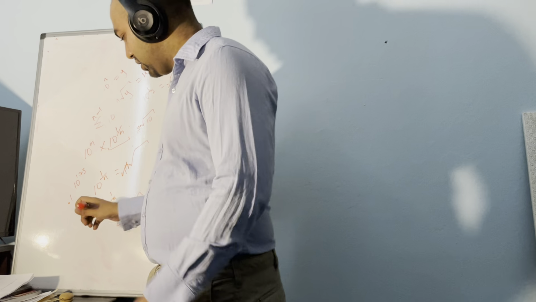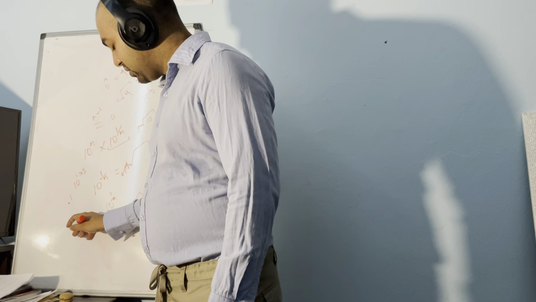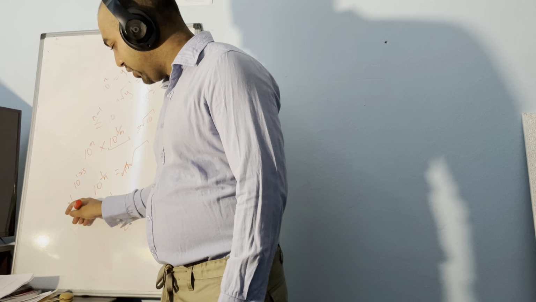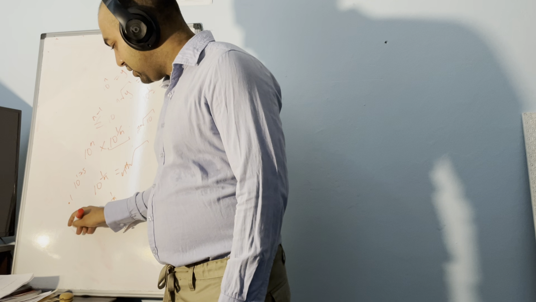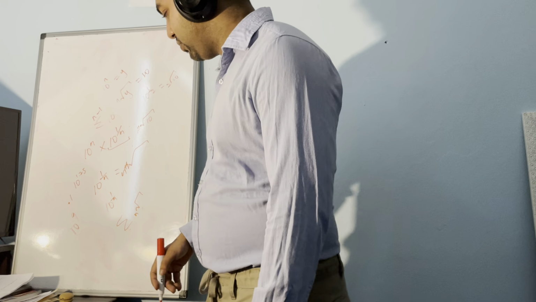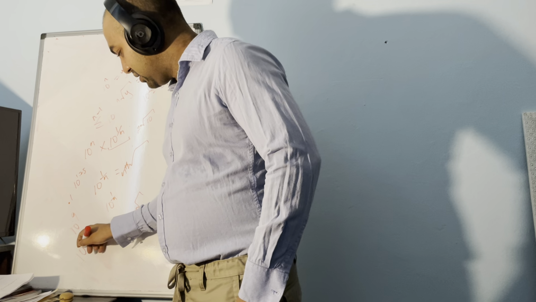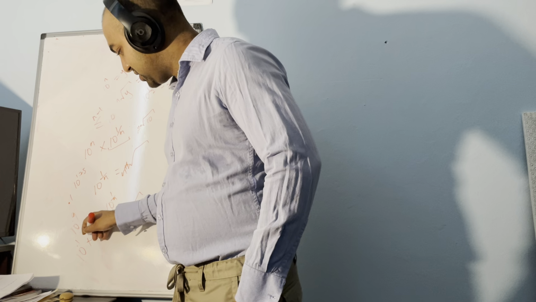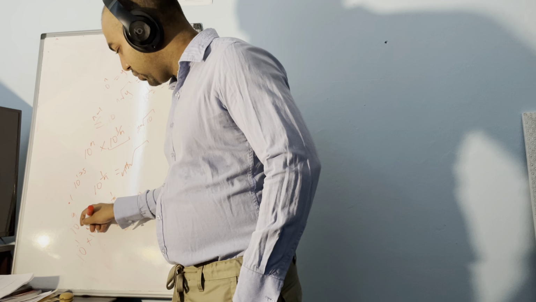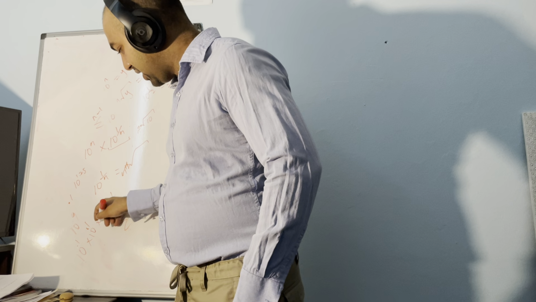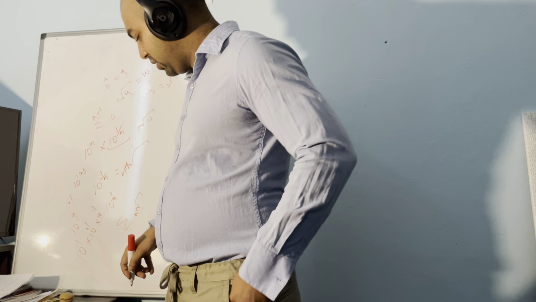so a fraction, but let me say it's a decimal, like let me say it's 10 to the power of 0.9, right? Then this is 10 to the power of 0.1 times 10 to the power of 0.1 times 10 to the power of 0.1.